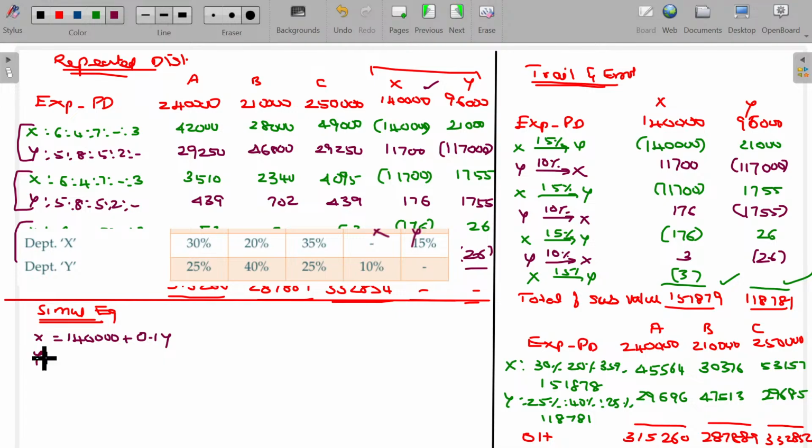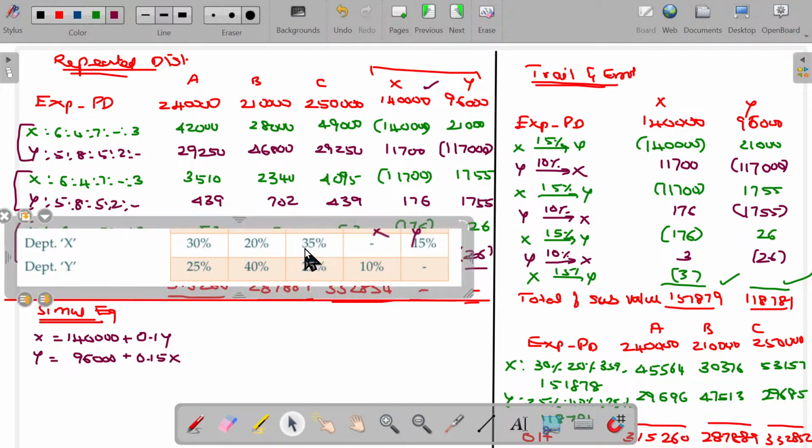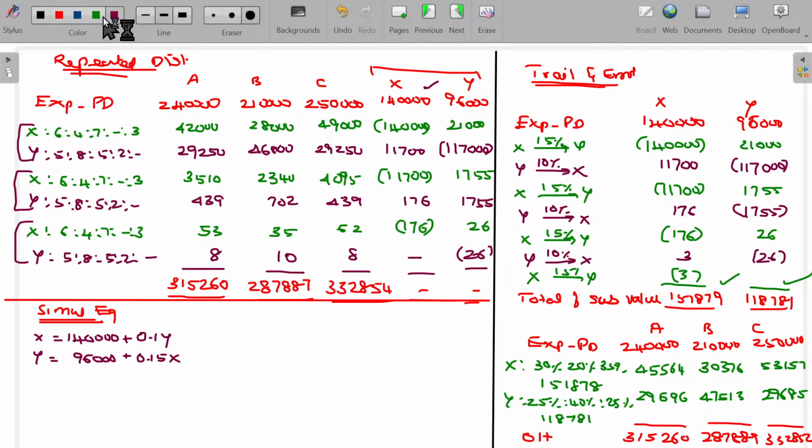In case of y, 96,000 plus, for y how much from x? 15%. 0.15 of x you are getting. Clear? Now solve this illustration. This y will be replaced with this one.